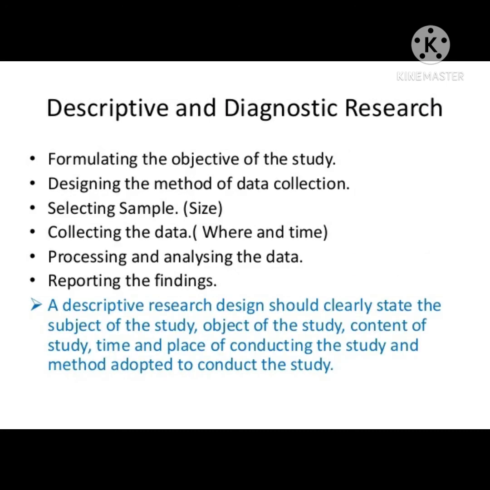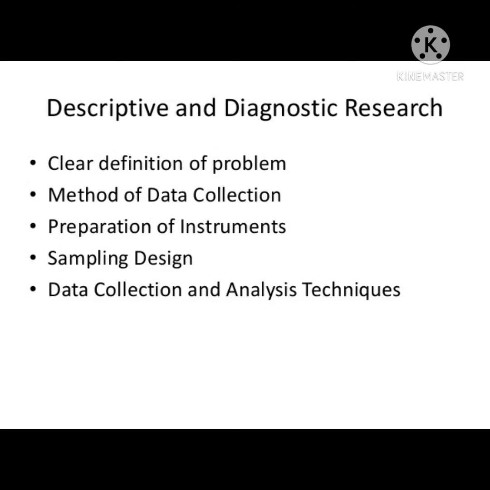Descriptive and diagnostic research involves formulating the objective of the study, designing the method of data collection, selecting the sample size, collecting the data, processing and analyzing the data, and reporting the findings. It requires a clear definition of the problem, method of data collection, preparation of instruments, sampling design, and data collection and analysis techniques.